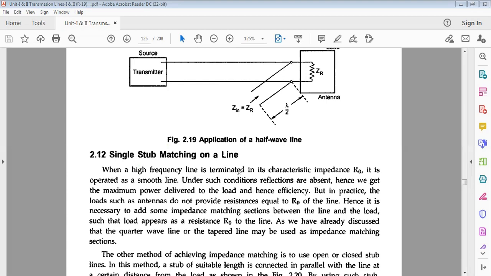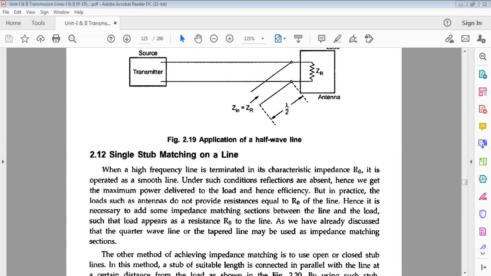When a high frequency line is terminated in its characteristic impedance, it is operated as a smooth line. Under such conditions, reflections are absent and we get maximum power delivered at the load, hence the efficiency. But in practice, loads such as antennas do not provide a resistance equal to the R0 of the line.